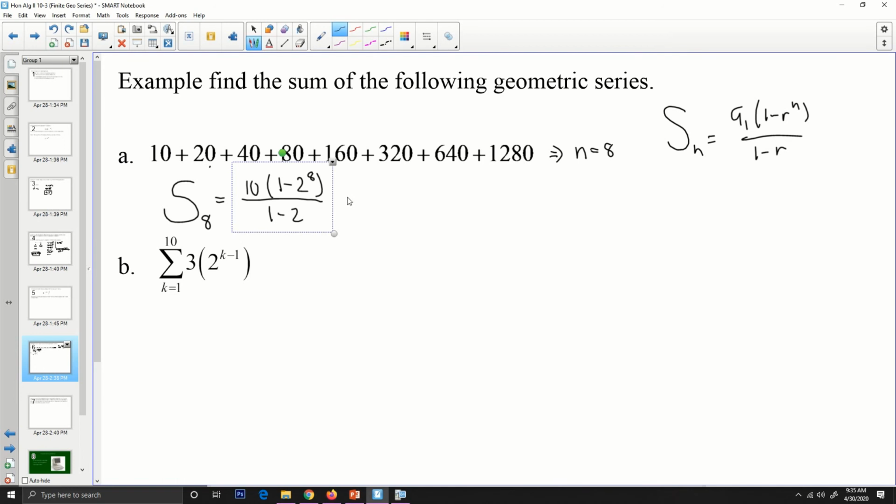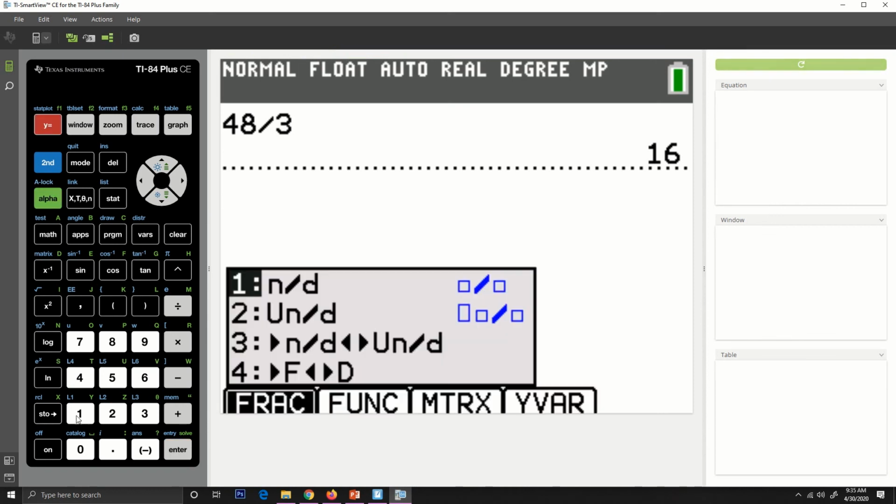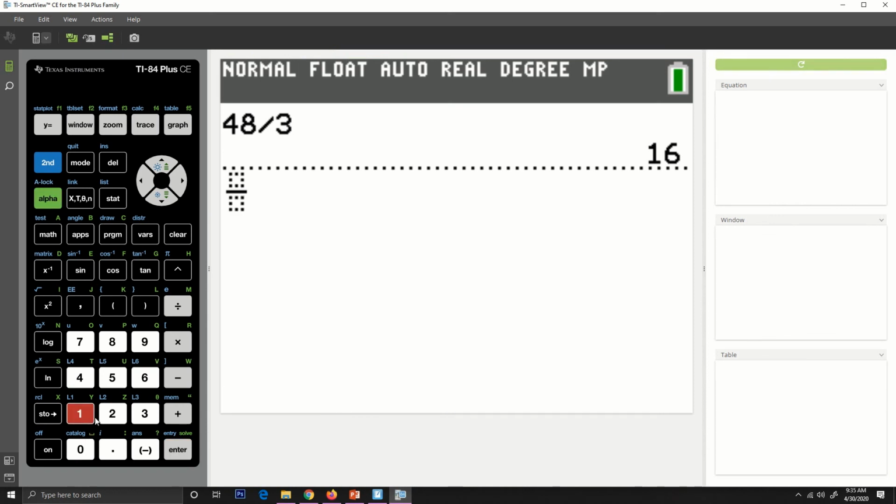Now, I wouldn't expect you to do that in your head. So let's grab our graphing calculator, and let's go alpha y equals to bring up the fraction menu. The first term was 10, and then we're going to put parenthesis, and we'll go 1 minus 2 raised to the 8th power, and then close that parenthesis, and on the bottom go 1 minus 2.